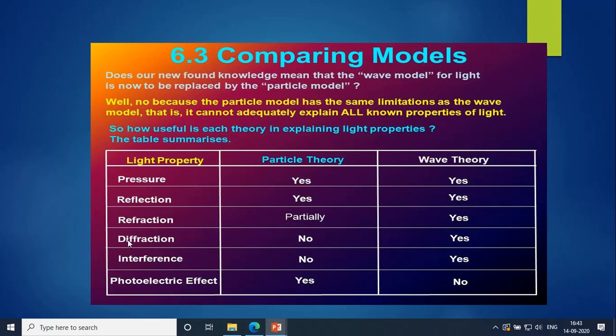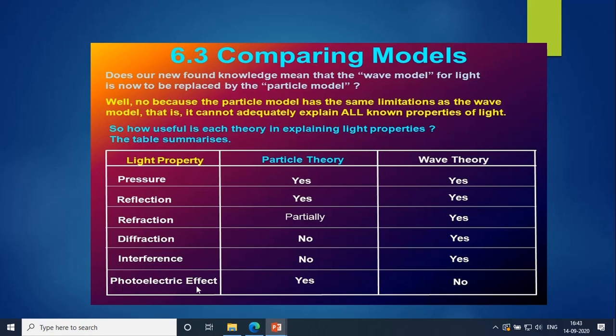Diffraction is the bending of light at the corners of an obstacle, and interference is the modification of light. You can explain both important properties only by wave theory, not by particle theory.